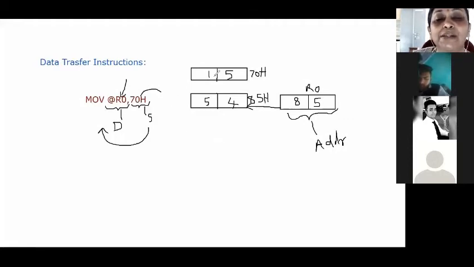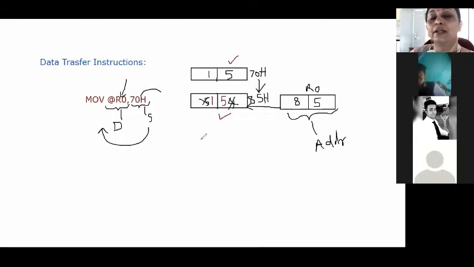The data present at 70H will be transferred to 85 hexadecimal. So now the data will not be 54. Instead, the data stored in this location will be 15. The data present at 70H is 15 and that present at 85 hexadecimal is 15.